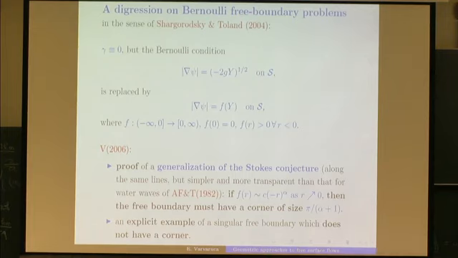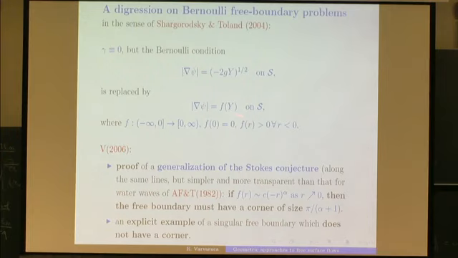And as a word of caution, this is something that I worked on in my thesis. It makes sense to consider a similar free boundary problem for a harmonic function, where we keep the zero condition, but replace the Bernoulli condition with the gradient of psi being a more general given function of y.